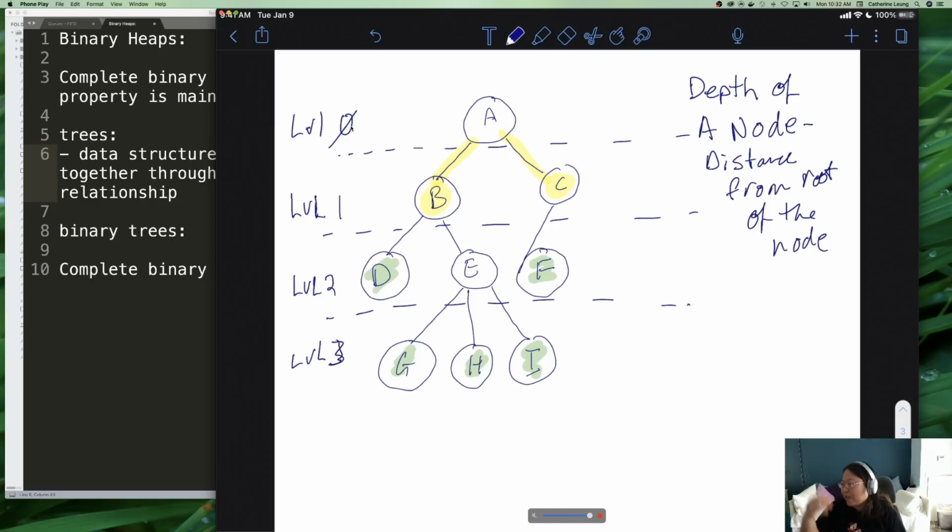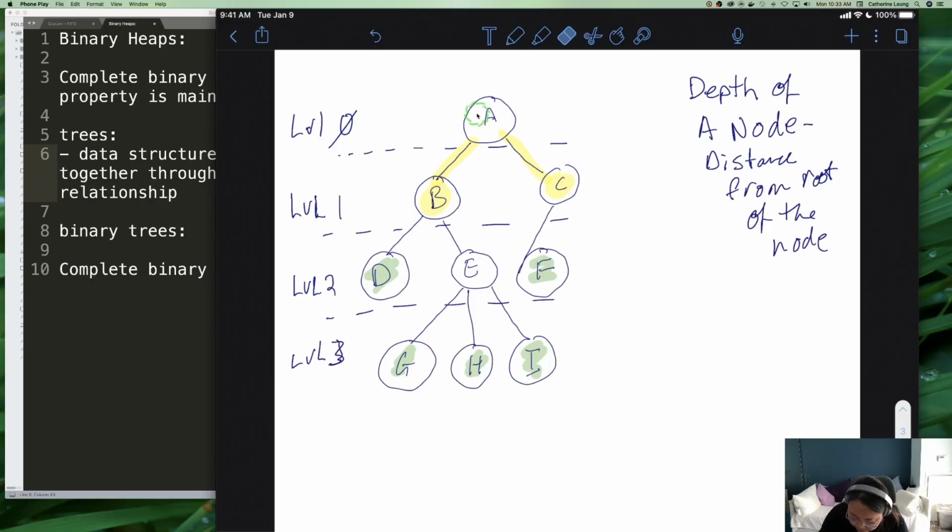It's 0 nodes away from the root. B is 1 node away from the root. D, E, and F are 2 nodes away from the root A. These guys are 3 nodes away from A. From G, go 1 node, 2 nodes, 3 nodes. That's how I get to A. So that's the depth.